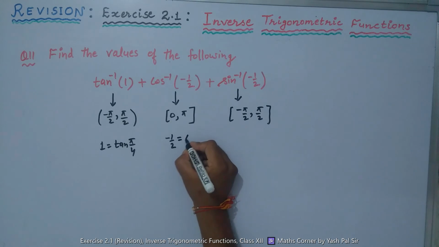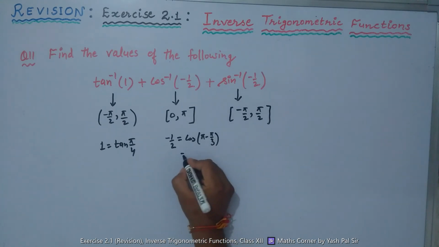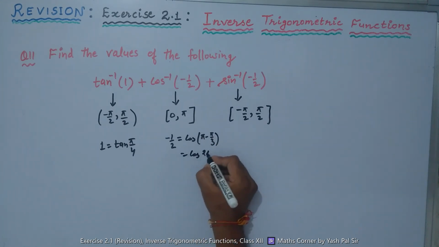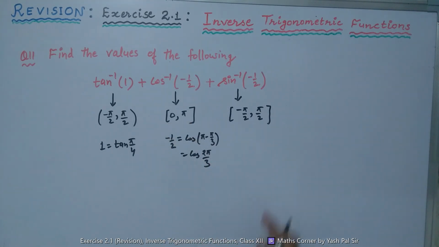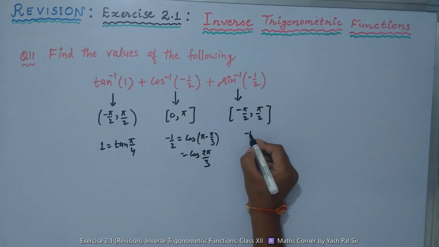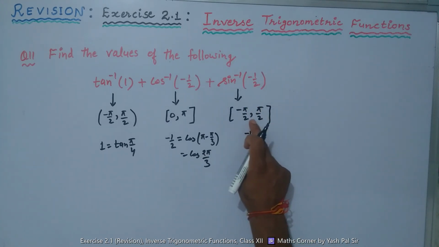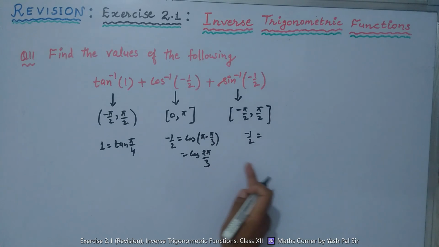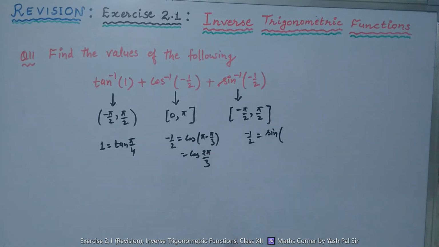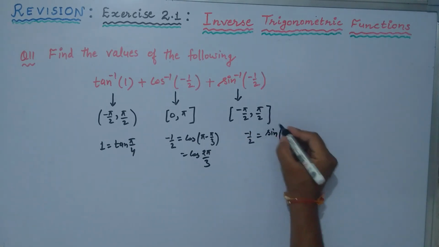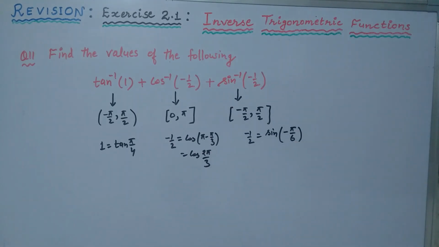This is equal to cos of, in the second quadrant, pi minus pi by 3, that is cos 2 pi upon 3, and this 2 pi upon 3 belongs to 0 to pi. And here we take minus 1 upon 2 as sine of, in the fourth quadrant, minus pi by 6, taking values between minus pi by 2 to plus pi by 2.